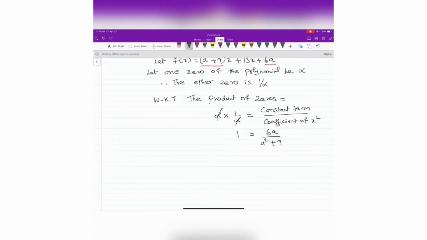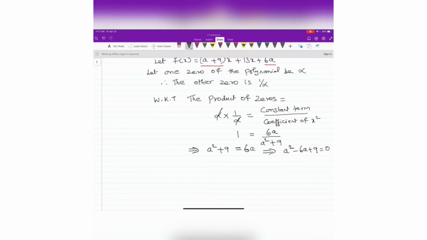When I cross multiply, I will be getting, this implies a square plus 9 equal to 6a. That is a square minus 6a plus 9 equal to 0. Just looking at a square minus 6a plus 9, that can be written as a minus 3 the whole square.